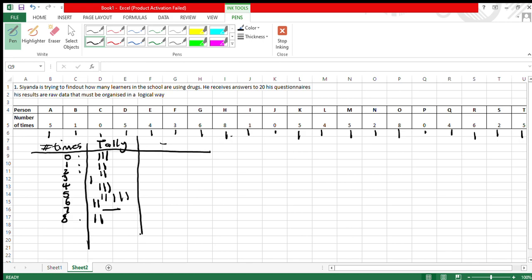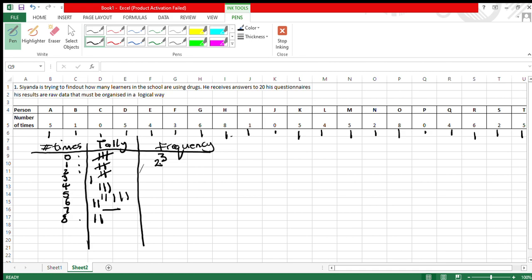Let's put another column now for frequency. So let's call this column frequency. Okay, let's count the frequency. We have 3 zeros, and then here we have 2 as the frequency for ones.